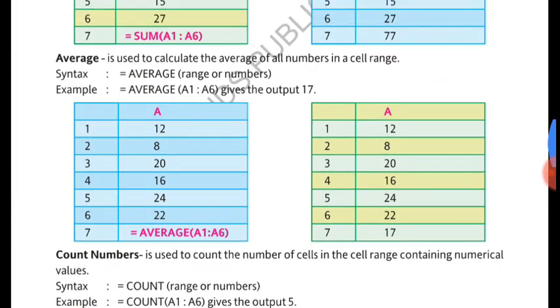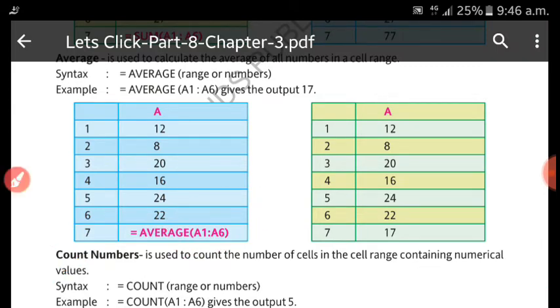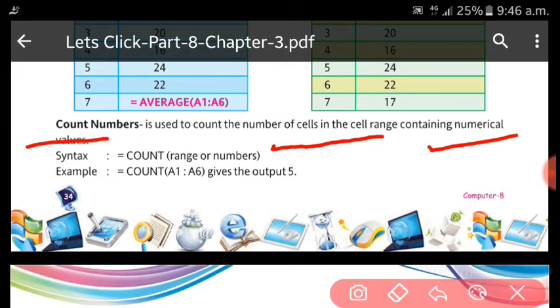Then AVERAGE, same: equal, then AVERAGE, and you have to write the range A1 to A6. COUNT is used to count the number of cells in the cell range containing numeric values. Remember, it will count only the cells which have numeric values.